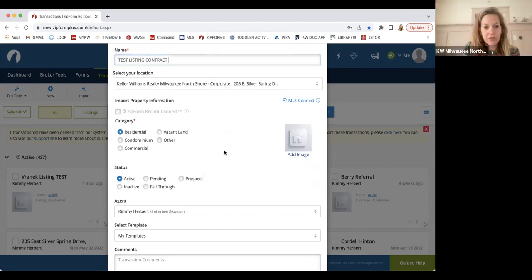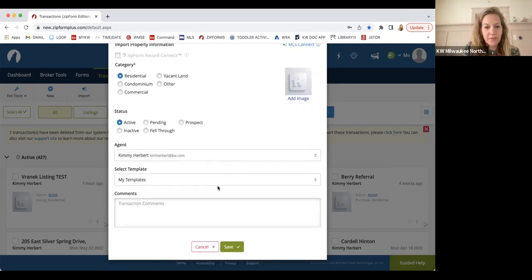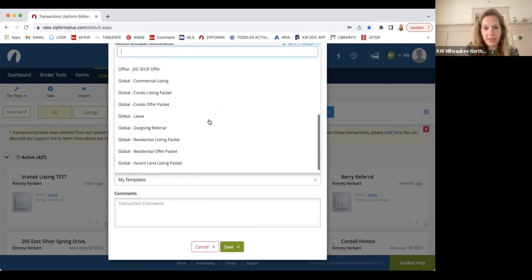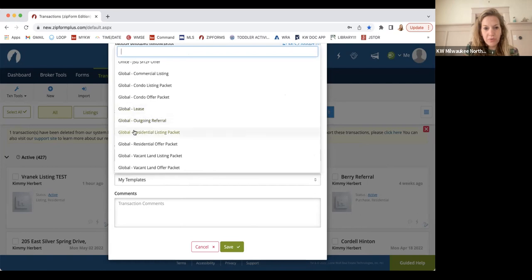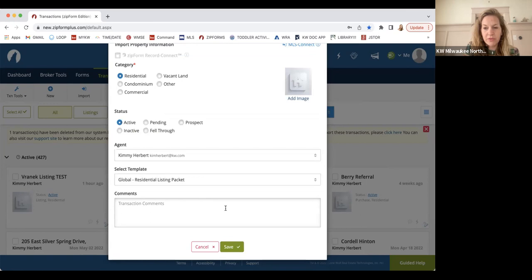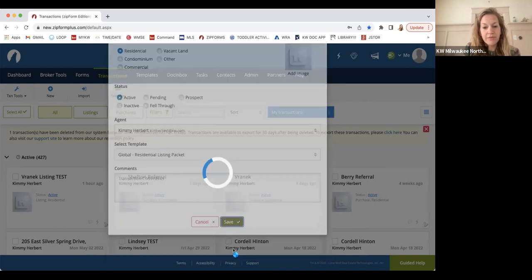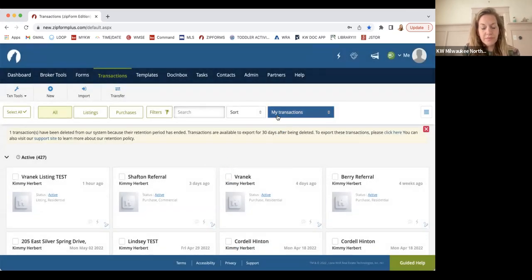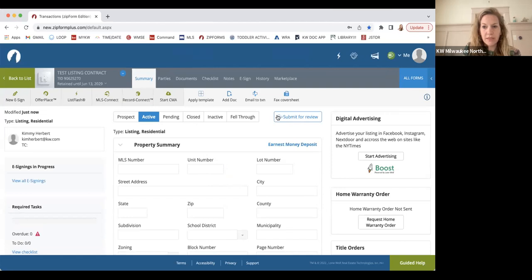Category, again, residential. And then I just want to alert you guys again that we have templates built in for us already. So you'll go to global residential listing packet and apply this template, and this will give you all of the most common or all of the forms that you need for a listing appointment. Hit save. And then it'll bring you right into the transaction folder.